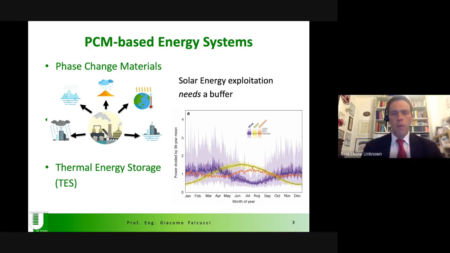sun power availability. And this chart can be also done not on a year basis, but on a daily basis, and you will see almost the very same trend.